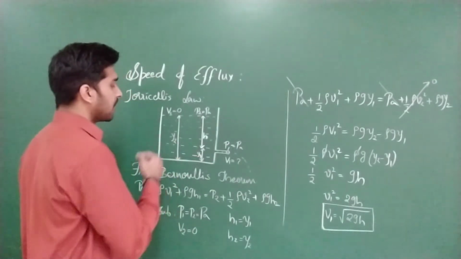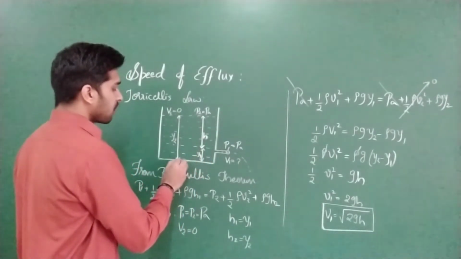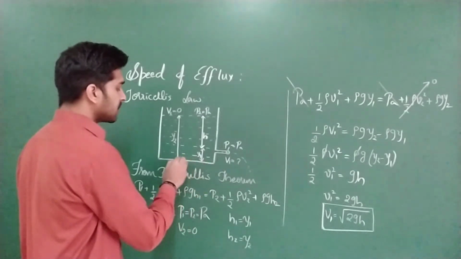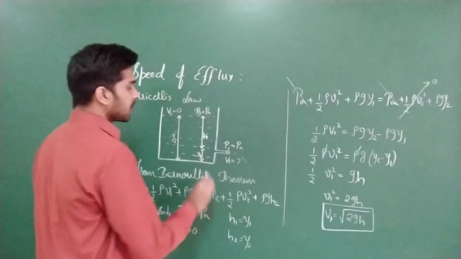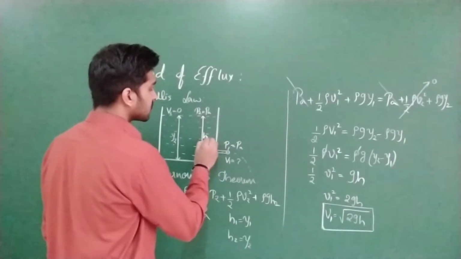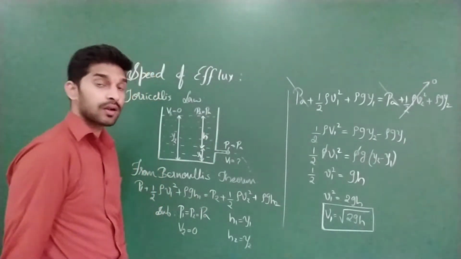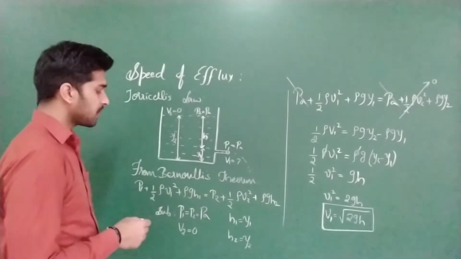And here Y2 is from the bottom of the complete vessel to the atmospheric free surface. Next, from this outlet to the free surface, we are going to consider it as H. Clear?